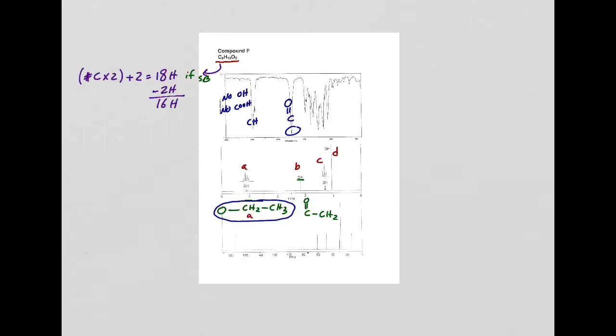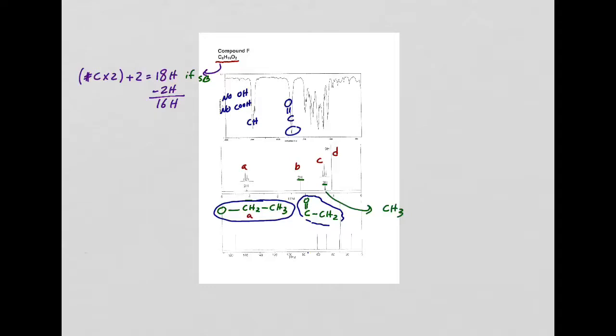Now, let's come to peak C. What can you tell about peak C? This is another piece that is nice to know. Peak C, what's the integration? It is 3, so it's probably a CH3. What's the splitting? It is a triplet.